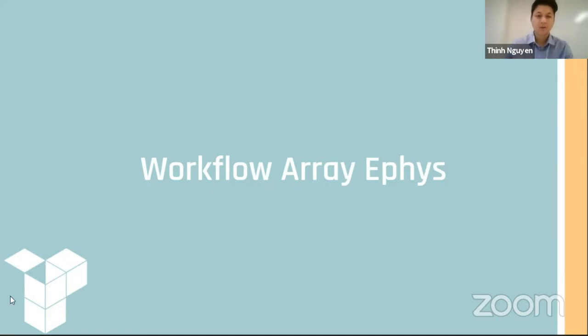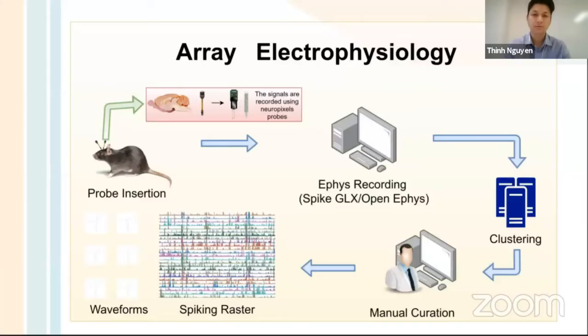But for this presentation, I just want to quickly go through with you at a high level what these are and why we are doing it. So what I have here is a simple high-level diagram of a typical extracellular electrophysiology type of experiment. In these types of experiments, you start with an animal.